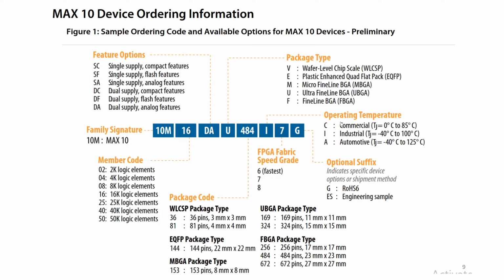This is the recommended operating temperature from -40 to 100 degrees centigrade. 7 is the speed of the processor. We have 7, it is moderate. And then we have the last letter G. This is the operational suffix, which indicates specific device options on shipment. This is not an engineering sample, this is G.